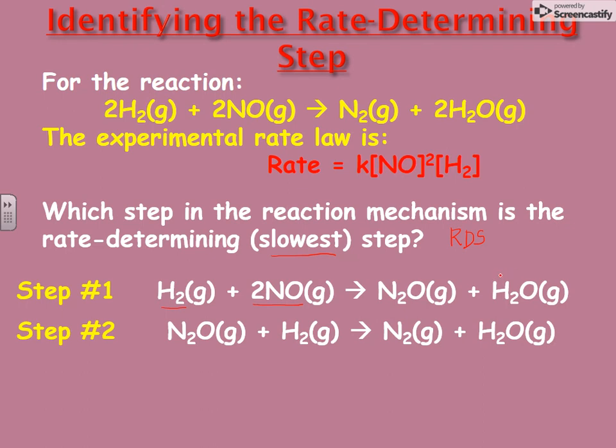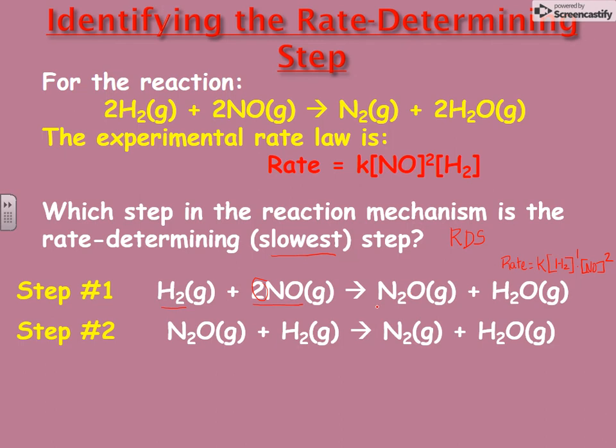So if we wanted to write the rate law for step one, we would write it as rate equals K. And since this is termolecular, you take concentration of your hydrogen, H2, and that would be raised to the first power, times concentration of your NO, and that will be raised to the second power because of the 2 here.